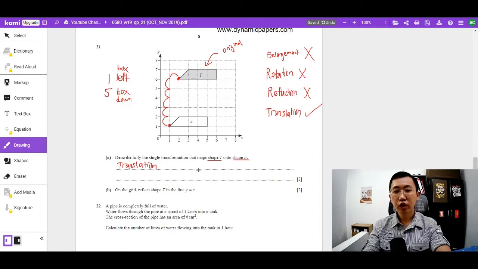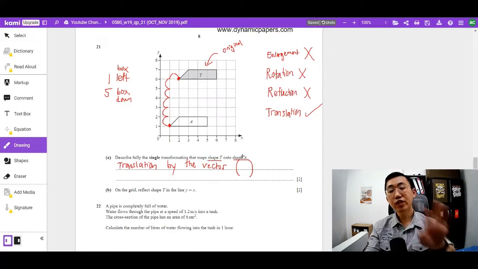So how to write the complete sentence where it matches with the IGCSE marking scheme is translation by the vector. Okay, and then you use this. This is the vector notation. Your movement left or right is on top. If it is moving towards the left, 1 box, that is -1 on top.